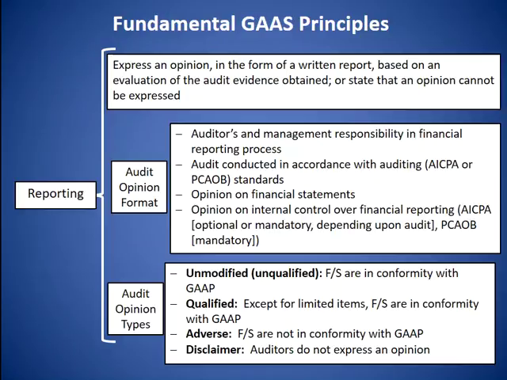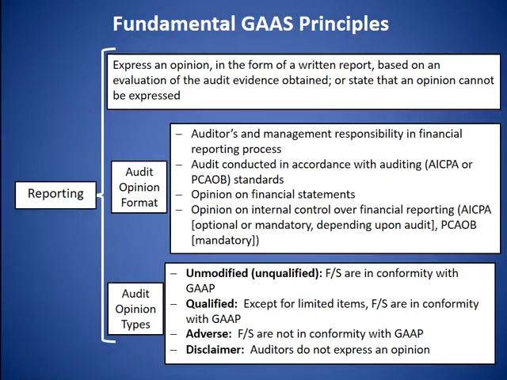Okay, now let's continue on with the fundamental generally accepted auditing principles, again as they apply through the attestation standards and also through the AUC 200. Now we have a reporting group, and this basically has 3 major components in the fundamental principles.